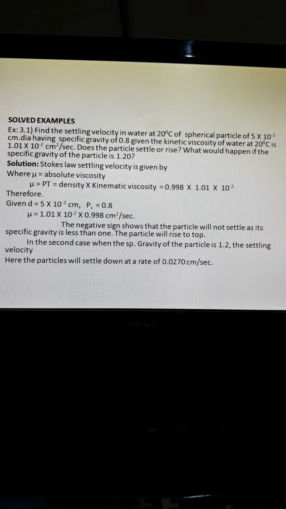Before that, we shall also work out one problem to determine the settling velocity of the particle in the water. So the first example goes like this.